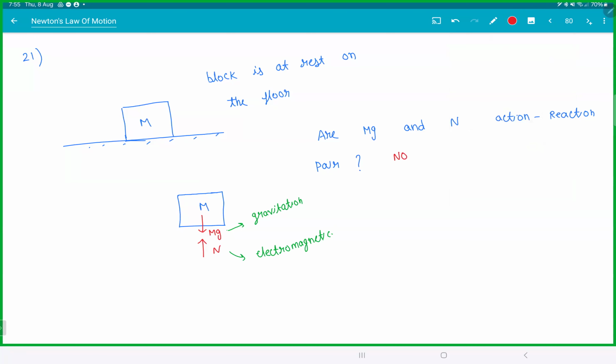Fair enough, but where is the pair then? Remember, in nature, forces always come in pairs. You can't just have a single force. So if these two are not an action-reaction pair, where is the pair?